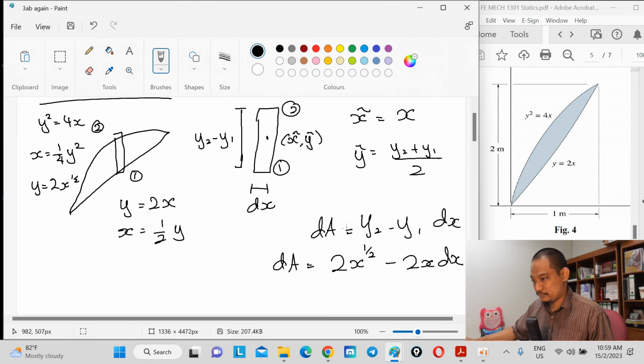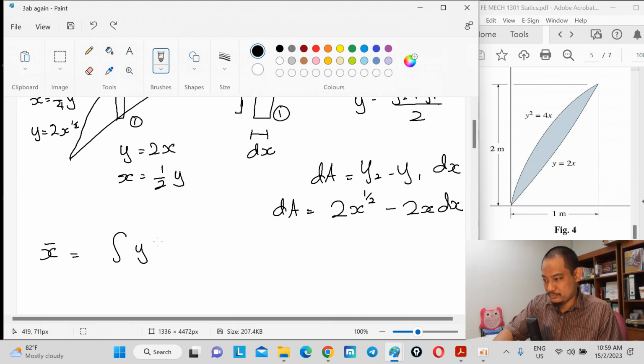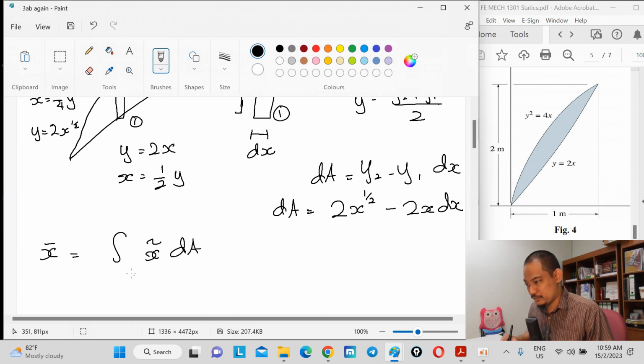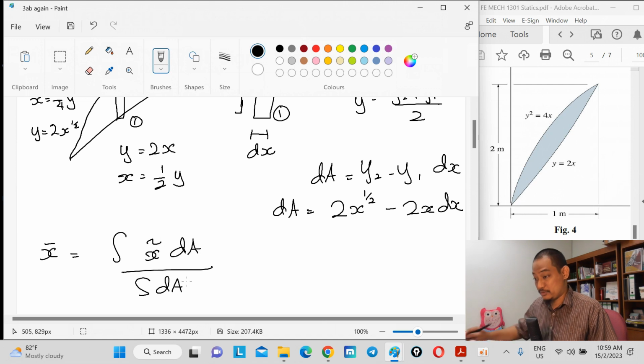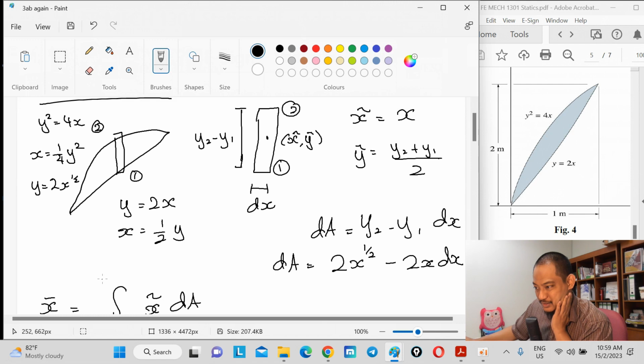Bismillah. So for x bar, we haven't written the equation. Okay, so integration of x wave dA over integration of dA. So the limits in this case will be from 0 to 1, right? This goes down to 1, so it's from 0 to 1.